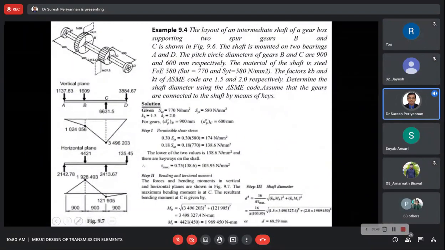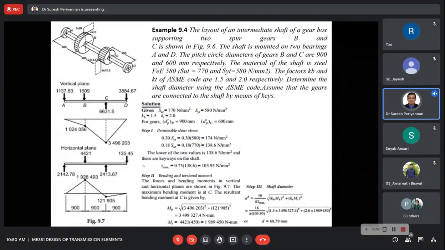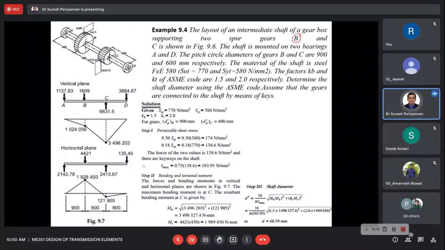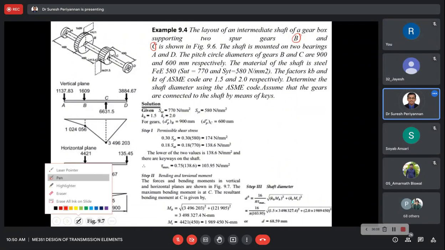Now, the layout of an intermediate shaft of a gearbox supporting two spur gears B and C. In each problem we are discussing a different type.